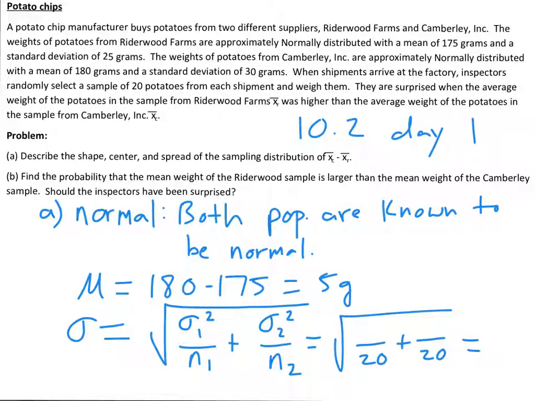For the Kimberly potatoes, sigma is 30. And then for Riderwood, it's 25. And that would be 8.73 grams.